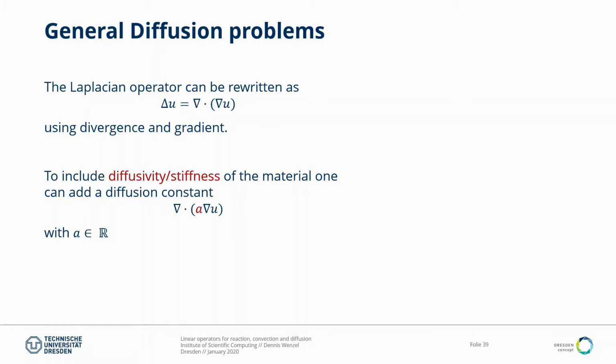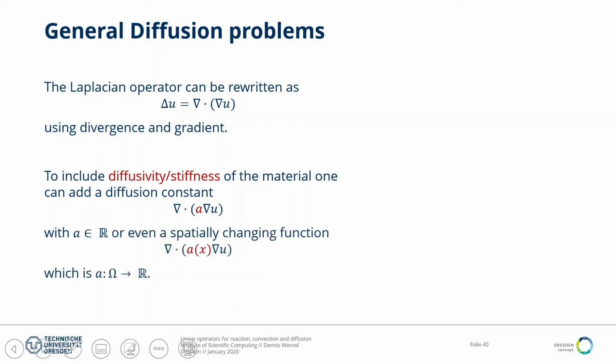And that's just one of those diffusion constants here. So that reflects how well your material can diffuse the quantity, or if you talk about membranes, how stiff the membrane is. And that can even be a spatially changing function. That's the example that we saw in the integrated circuits, where you had individually different values depending on where you are in the domain.